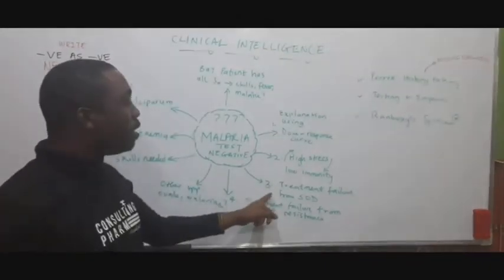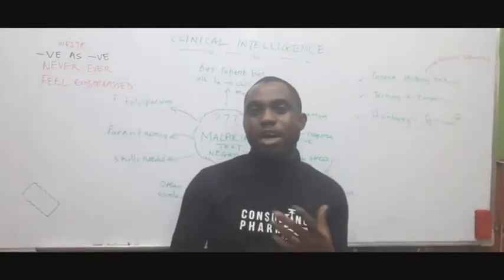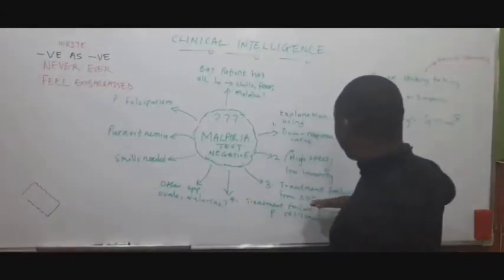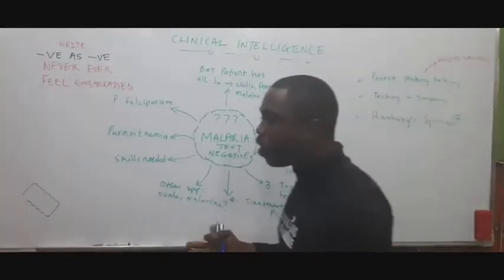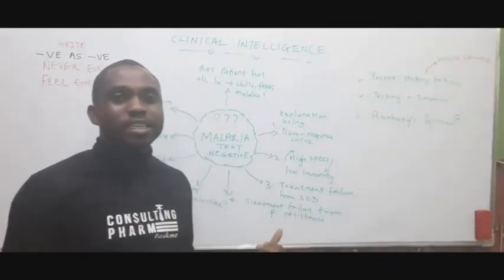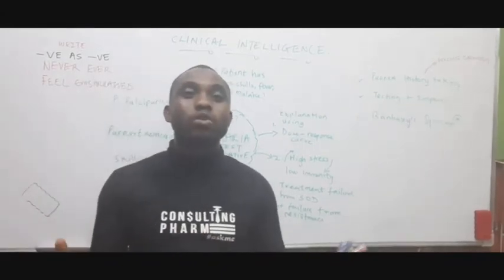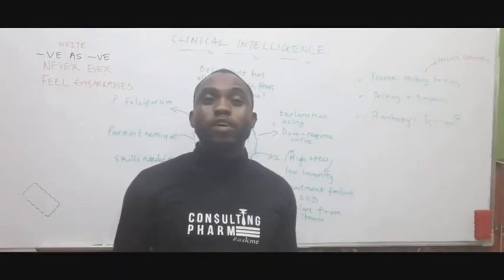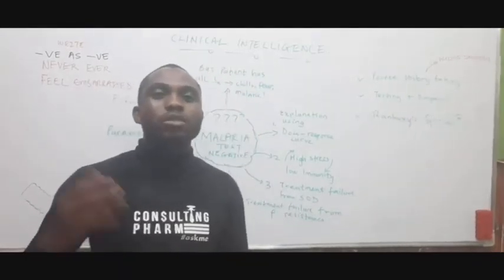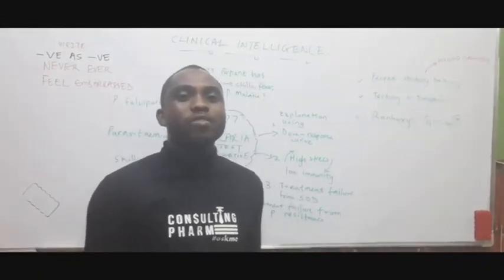The third one is treatment failure. So you need to do a lot of clerking and be strategic about how you ask your questions. Treatment failure from what? Suboptimal dosing. That can cause a negative result. Imagine adults taking a 240 strength of artemether lumefantrine, and then they say, oh, I used a few tablets some days ago and I'm still having chills and I'm still having fever.